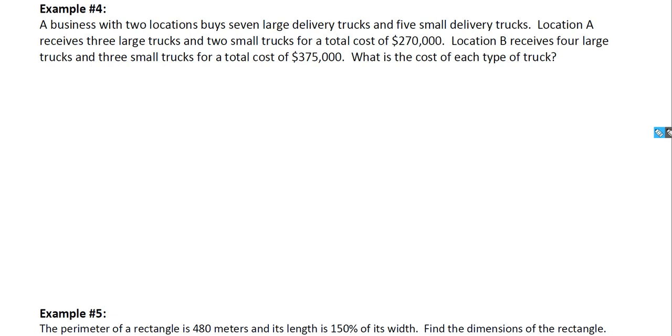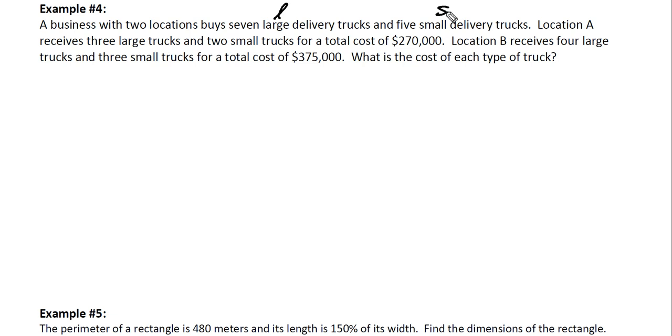In example 4, it says a business with 2 locations buys 7 large delivery trucks and 5 small delivery trucks. Right in that first sentence, it's telling us what the variables are. We have large delivery trucks and small delivery trucks. So I'm just going to use L for large delivery trucks, S for small delivery trucks.